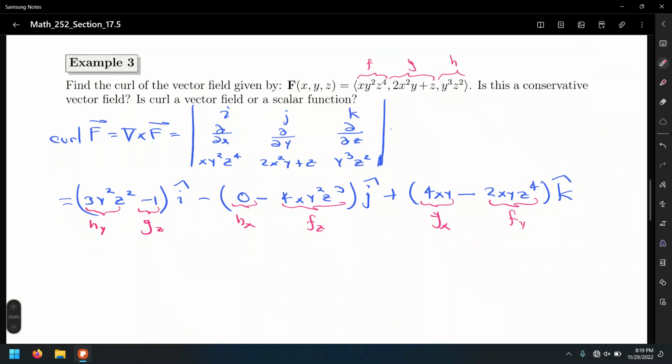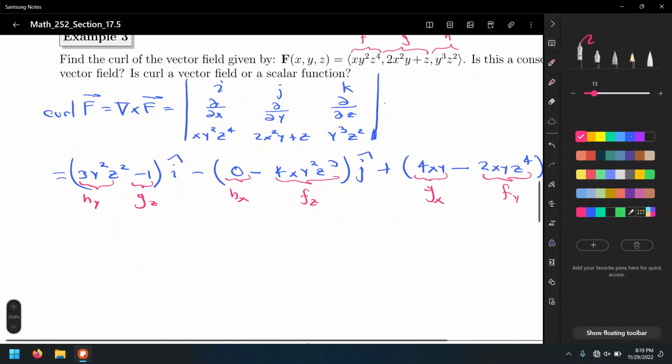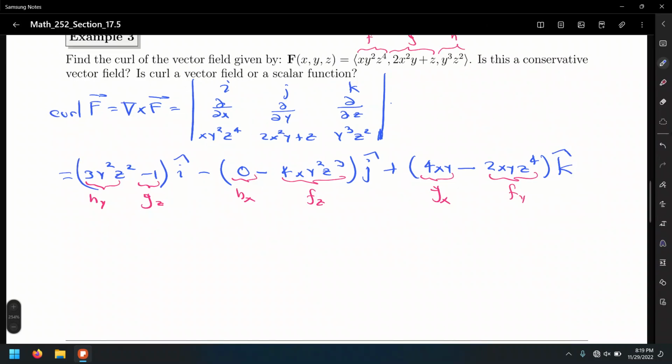And it's fine. Well, I wouldn't expect that you write them on the exam or something. That's fine, as long as I see the correct work. So the question here is, is it conservative? Yes or no? No, we didn't get the zero vector, so not conservative. And well, is the curl a vector field or a scalar function?